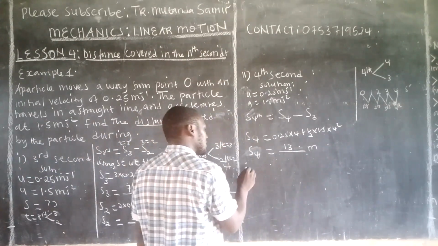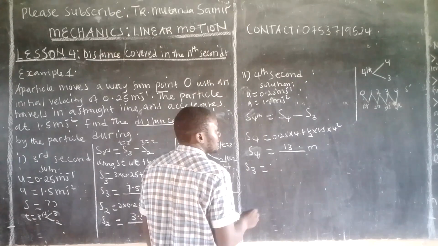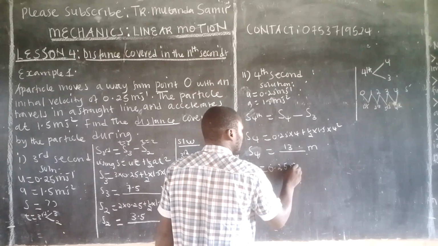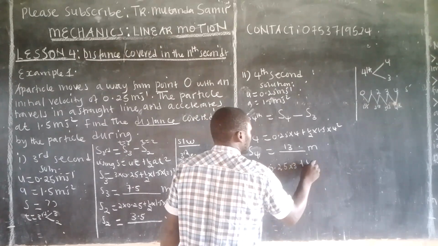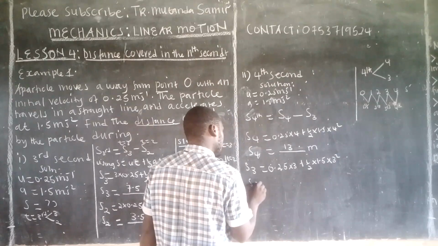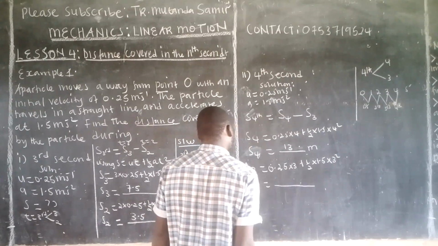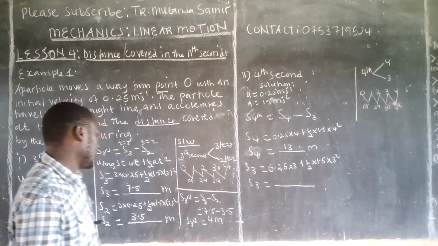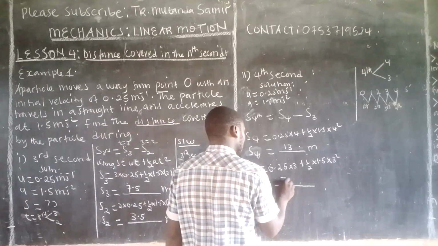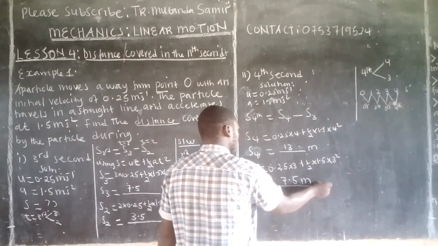Okay, good. Now let's go and get S3. S3 will mean the initial velocity times the time, which is 3, plus a half times the acceleration, which is 1.5, times 3 squared. Now the S3 we already had. Even if we don't press the calculator, S3 was 7.5 meters.